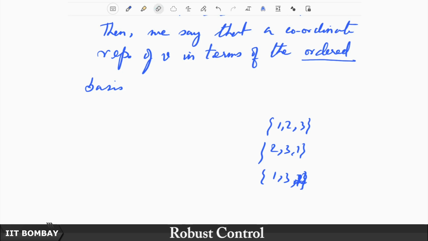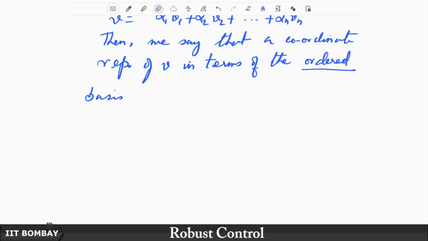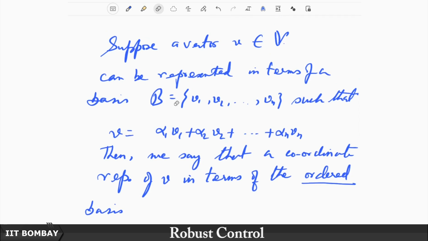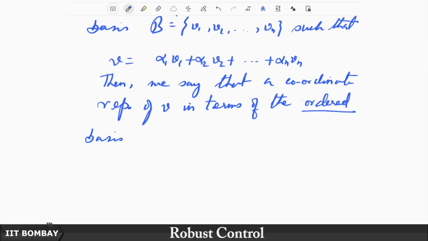But now when you introduce this idea of an ordered basis or an ordered set, then the order does matter. When I write B in this way, V1, V2, V3, ..., Vn in this order, and I am specifying the order for you, then it is cast in stone. You cannot permute these elements in the basis set, all right. That is why we say it is an ordered basis, a basis with an order that has been defined.